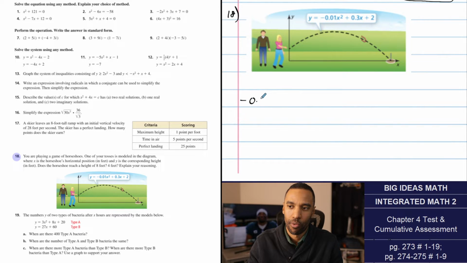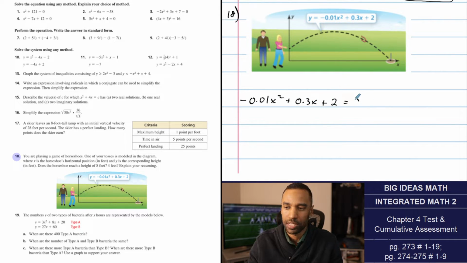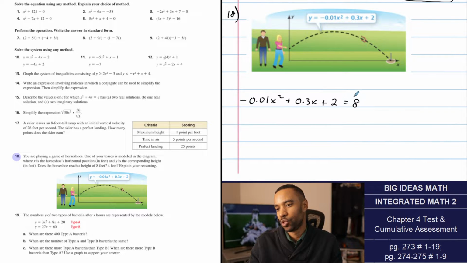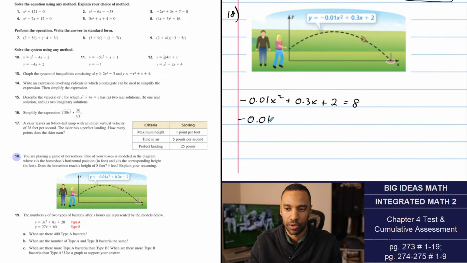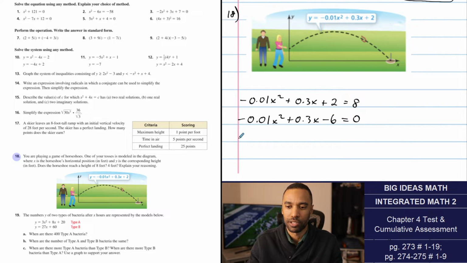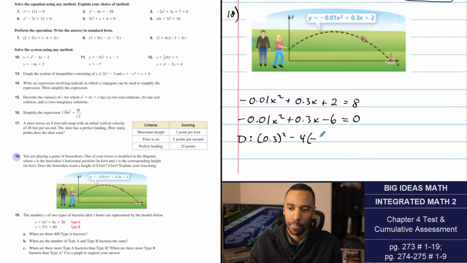So I have negative 0.01x squared plus 0.3x plus 2 equals, we're going to test it when it equals 8. Do I dare leave these as the small numbers? Sure, that's fine. We're just working on the discriminant. I have to set this equal to 0, so minus 6 when I subtract the 8 over. So your discriminant in this case is b squared, 0.3 squared, minus 4ac.